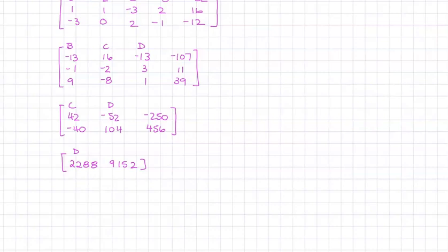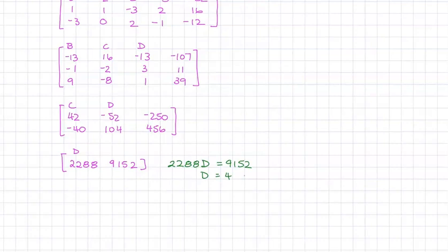So now it may seem like, whoa, this is not working out. But first of all, who says the numbers can't get big? But I did keep them kind of small on this. If we set up the equation, when you divide by 2,288, you're going to get that d is just simply 4.